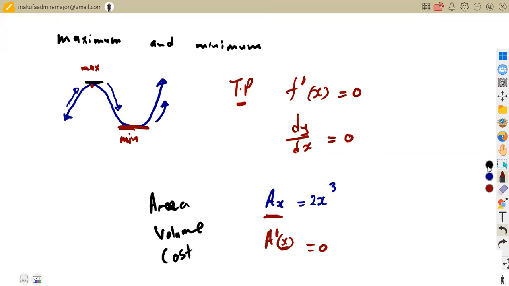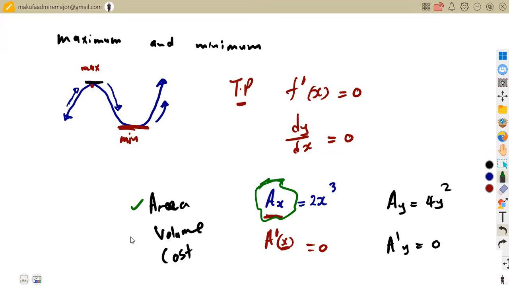If you write this expression in terms of y, maybe you've written your area as 4y squared, this is the expression of area, or of volume, or of cost. For this to be maximum or minimum, its first derivative with respect to y must be equal to 0. So what you need is to formulate an expression for what is to be minimum or maximum.